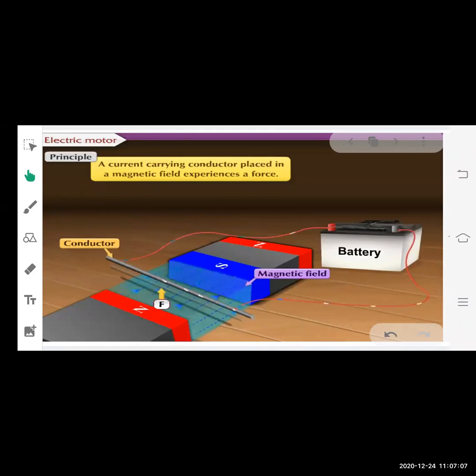When the electricity starts flowing in this conductor, you can see the magnetic field of the magnet exerts force on this conductor, and because of which this conductor starts moving. This is the principle of electric motor. On this principle, electric motor works.